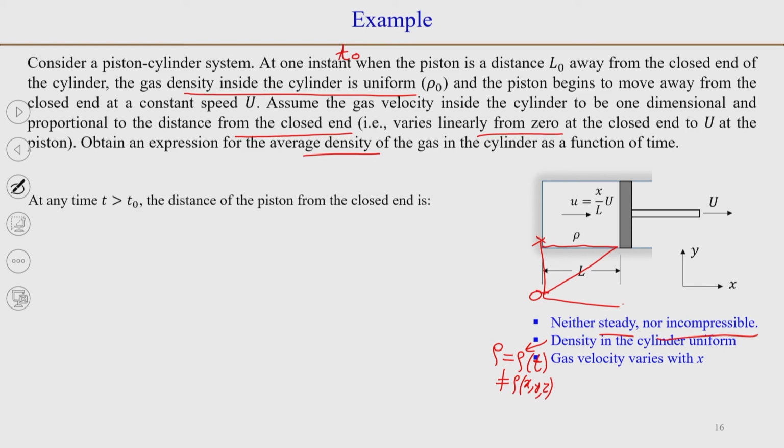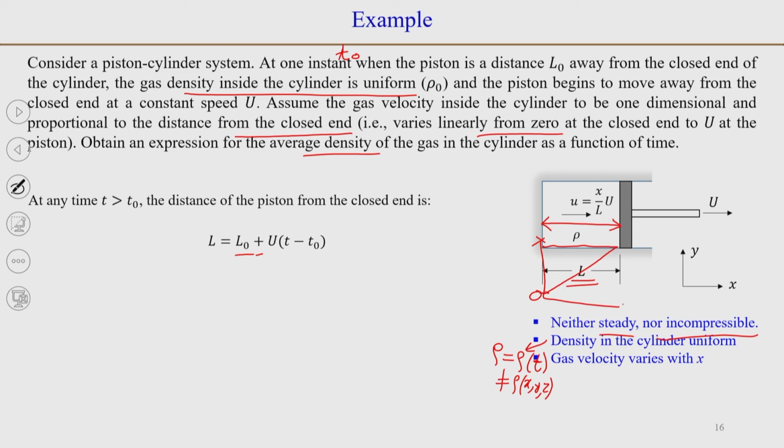So, we can write down, at any point of time, the distance between the piston and the closed end of the cylinder, because that is varying. Let us say this distance in general at any time is L, and at time t equal to t0, the distance is L0, and then the piston moves with a constant speed u away.